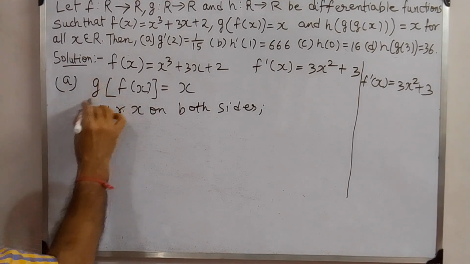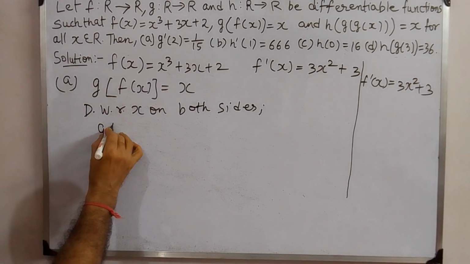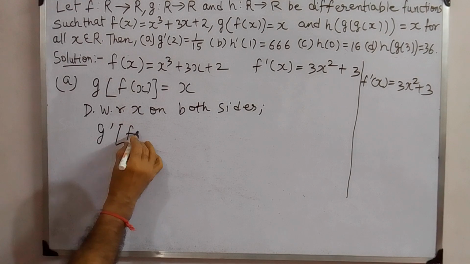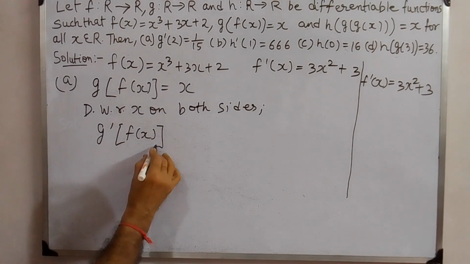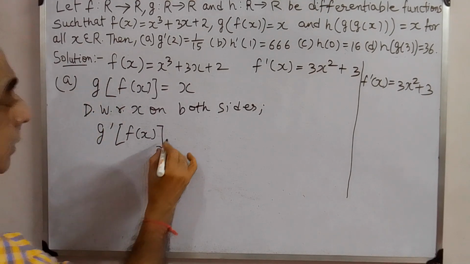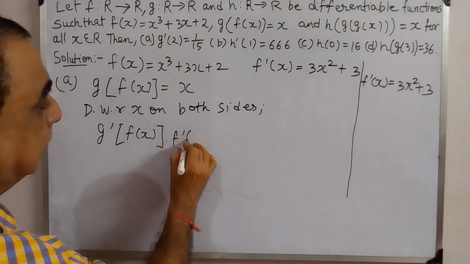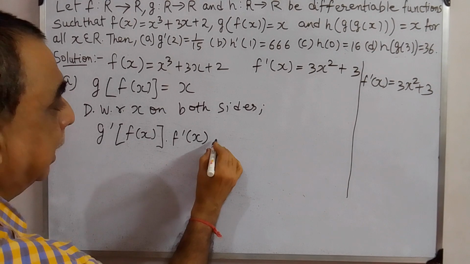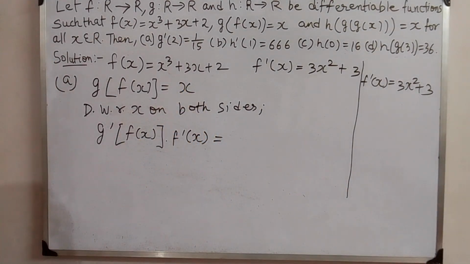First we will differentiate g, so this will be g dash of f(x), correct? Then we will differentiate the function which is inside the bracket, so it will be f dash x. And the differentiation of x is equal to 1.